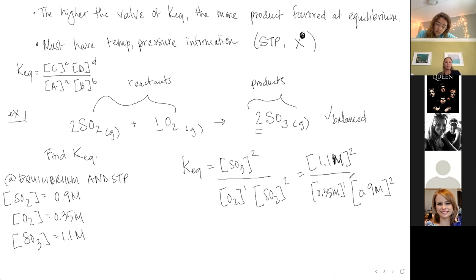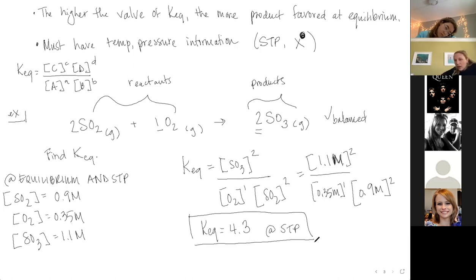I'm going to type this into my calculator, and you get your KEQ value to be about 4.3 at STP. We're told this at STP. We are able to compute that our KEQ is about 4.3.